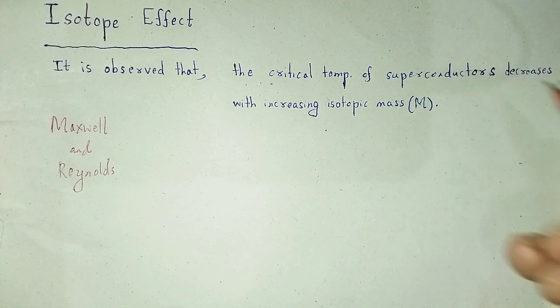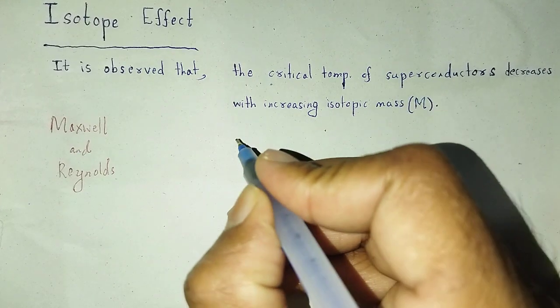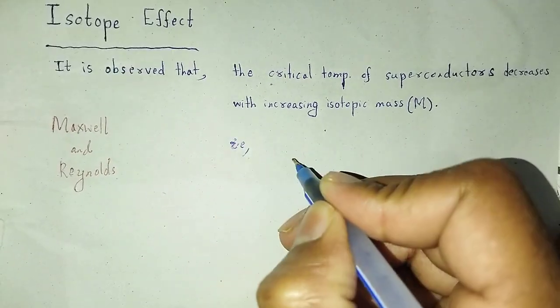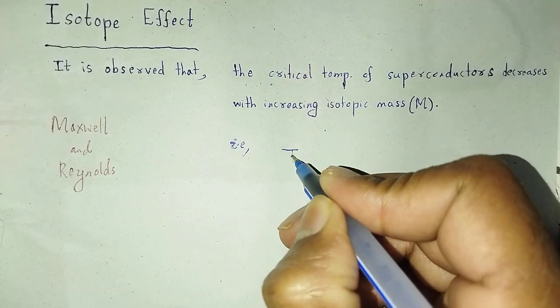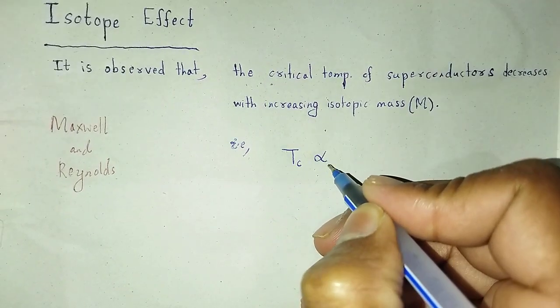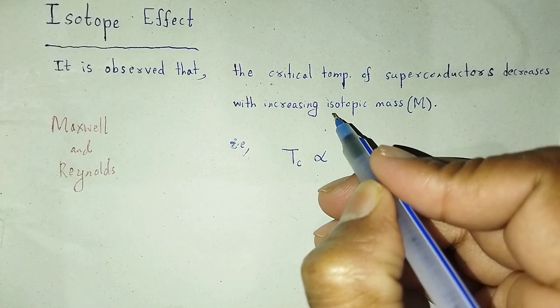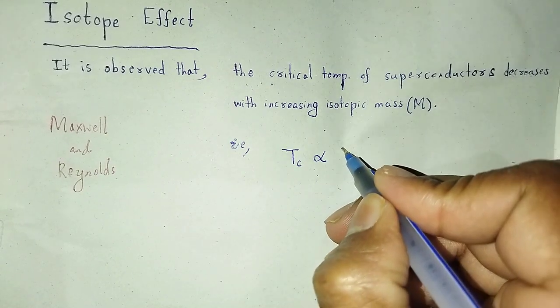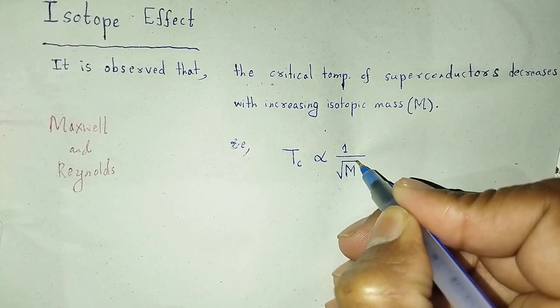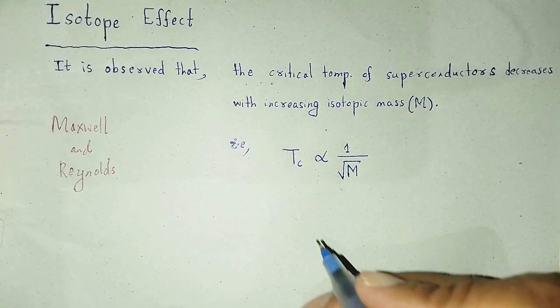Let the isotopic mass be capital M. Mathematically, we can write that the critical temperature Tc is inversely proportional to 1 divided by the square root of M.